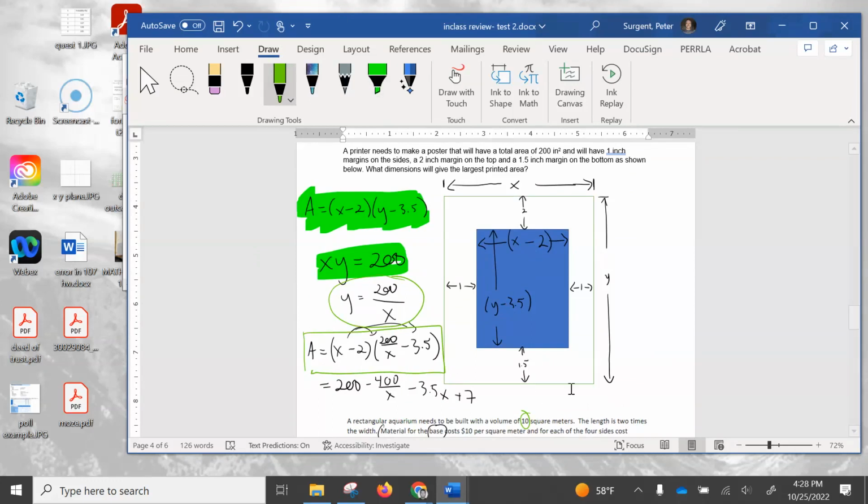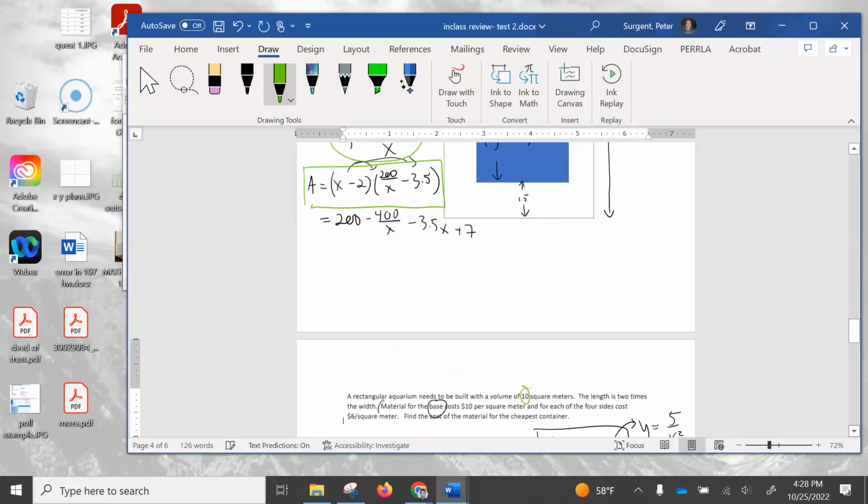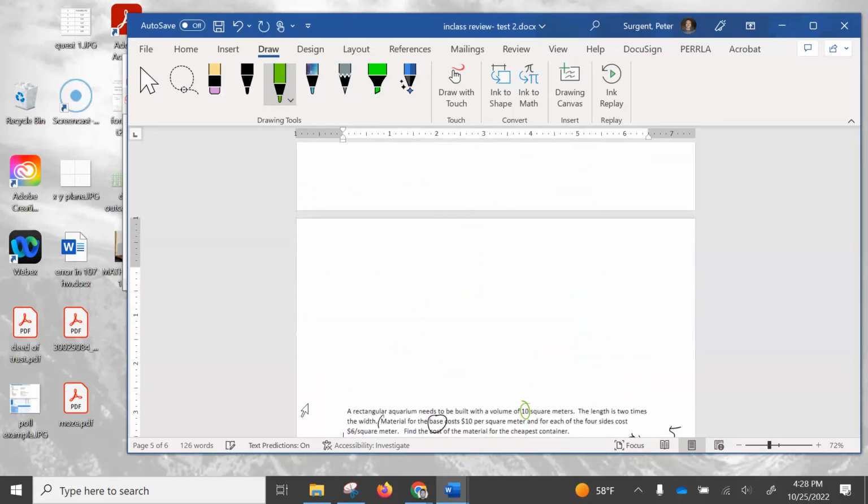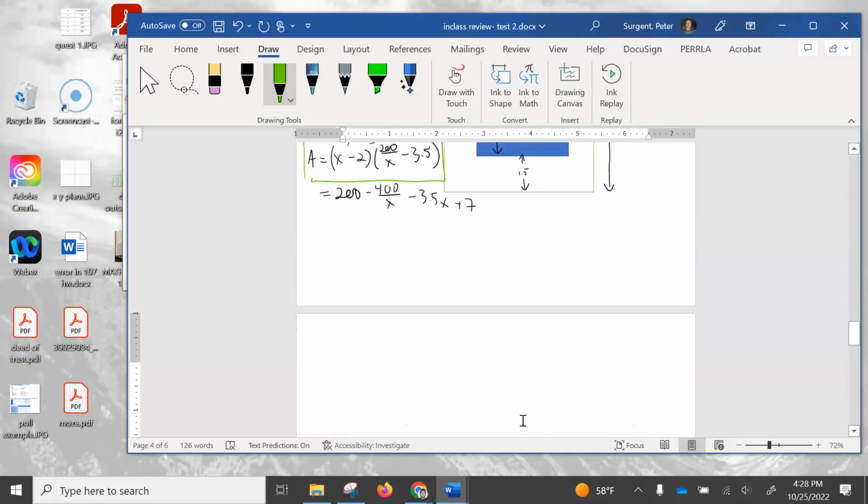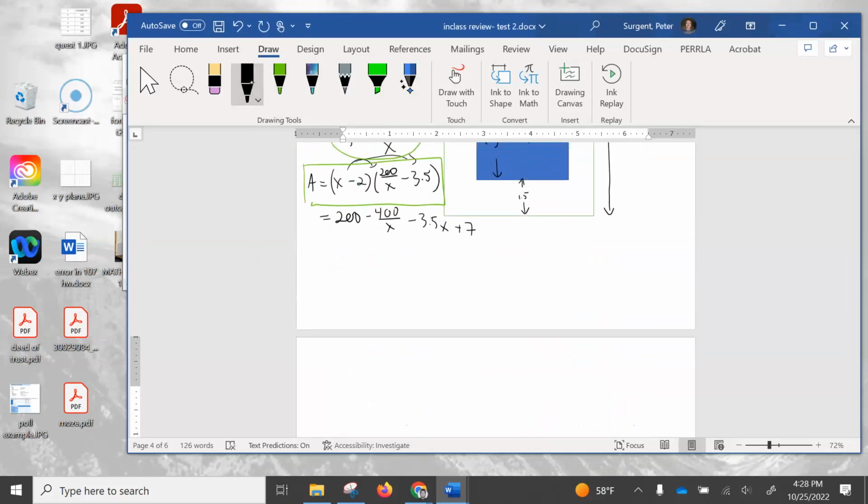I could combine those, so my area equation as a function of only x will be 207 minus 400x to the negative 1 minus 3.5x.